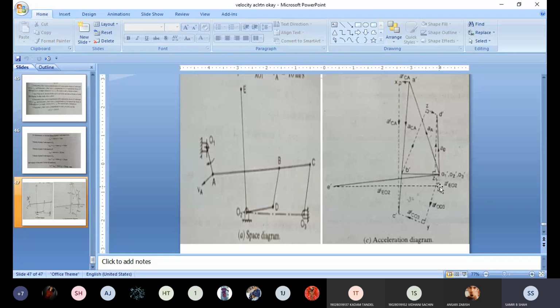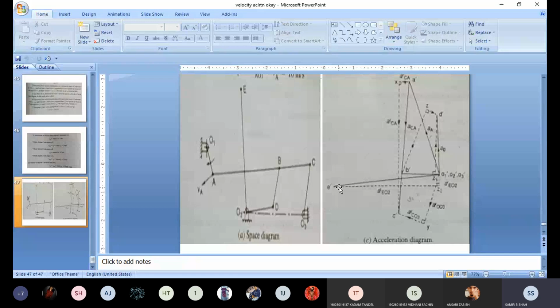If you focus properly, you can see O2 dash Z2, whose dimension is 8.41 millimeter. After that, you can draw the tangential part, then join O2 dash with E dash. So it's the end of your whole diagram.